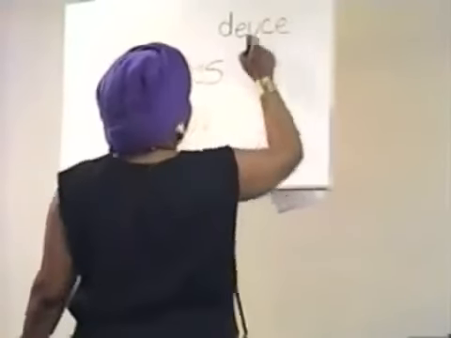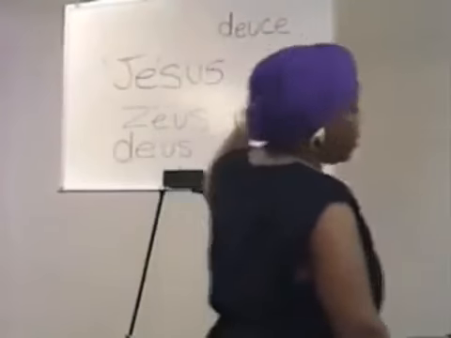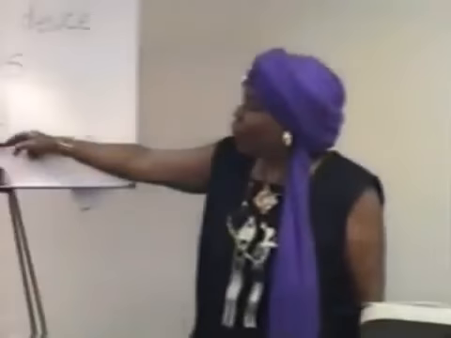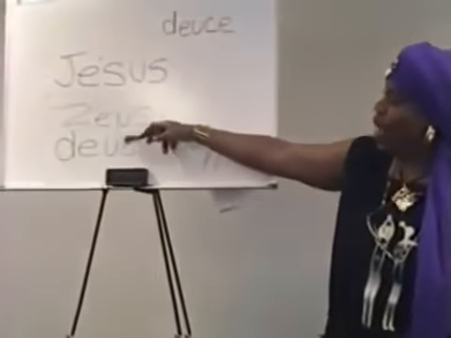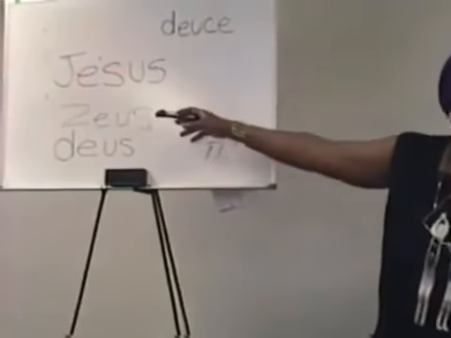When you get in the brackets, it'll say D-E-U-S, but D-E-U-C-E means devil. Bad luck. But deuce and Zeus are the same word, and deuce, D-E-U-S and Z-E-U-S are one and the same word.